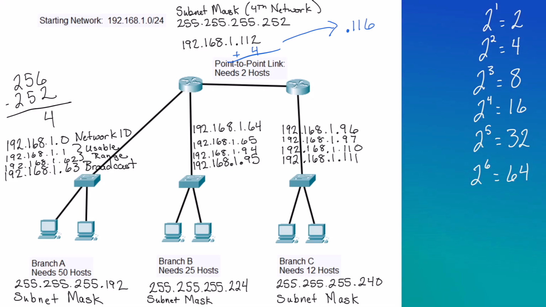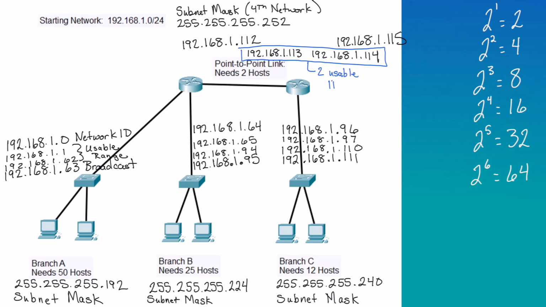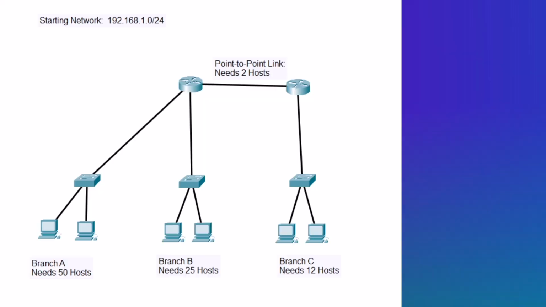We don't in this case, so we just use it to figure out our broadcast IPv4 address for branch D. We subtract 1 from .116 and we end up with .115. Our usable host addresses are .113 and .114. That's it. We only needed 2 and we have 2. You can see our network ID here is .112 and our broadcast is .115. Done. We've calculated out all of our subnets.